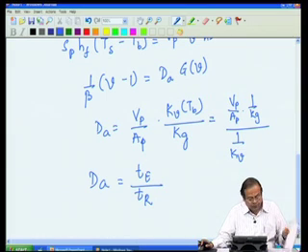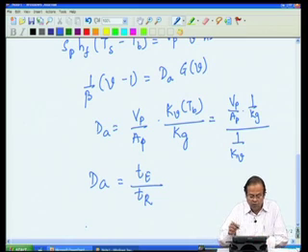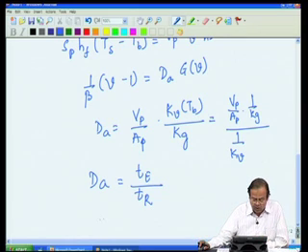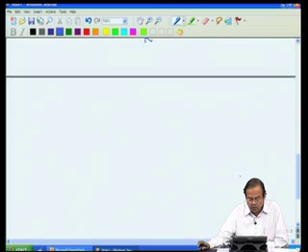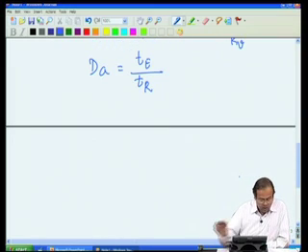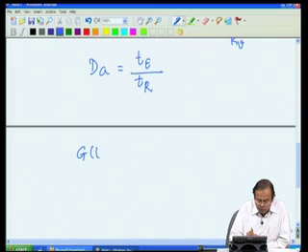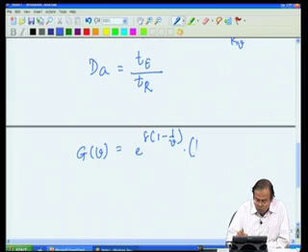Now, what is this G of V? This G of V is a little involved function of V, but mathematically G of V is e raised to gamma into 1 minus 1 by V, into 1 minus 1 by beta into V minus 1.